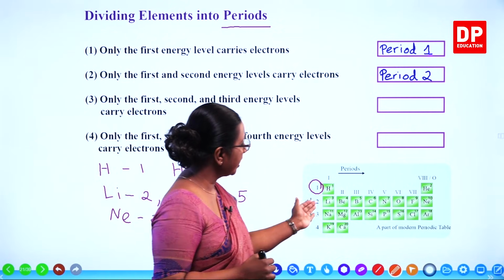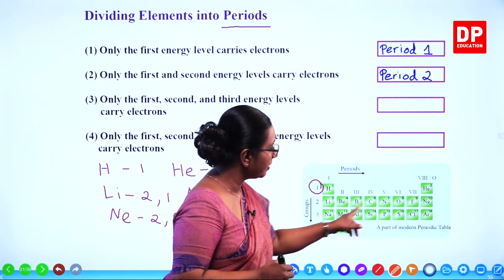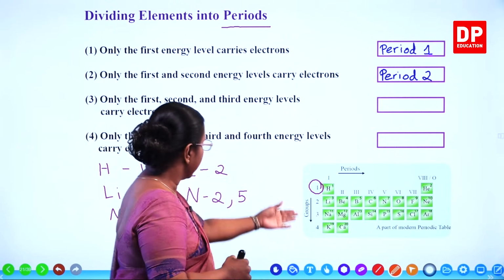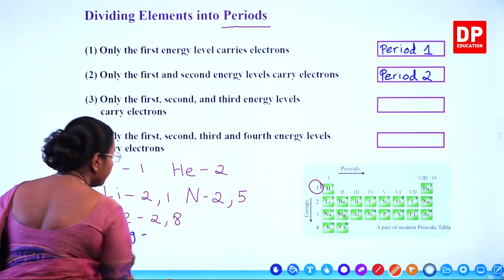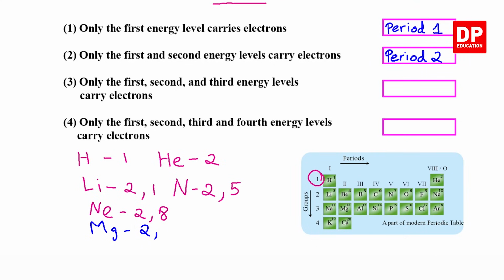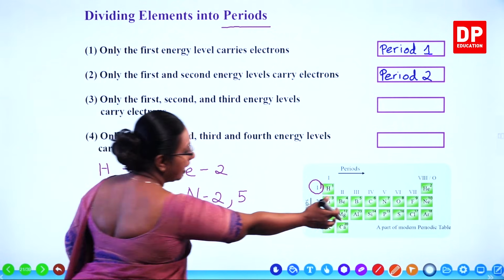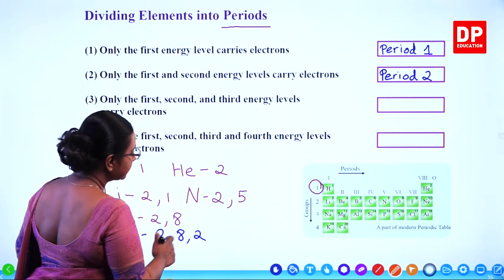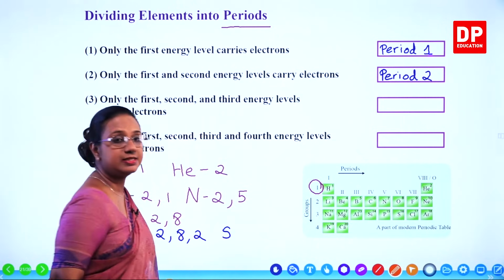Likewise, we take elements with atomic numbers starting from 11 to 18. I will take an example, magnesium. If we write the electronic configuration, it will be 2, 8, 2 because the atomic number is 12. And if we take, let's say, sulfur, the atomic number you can see is 16.